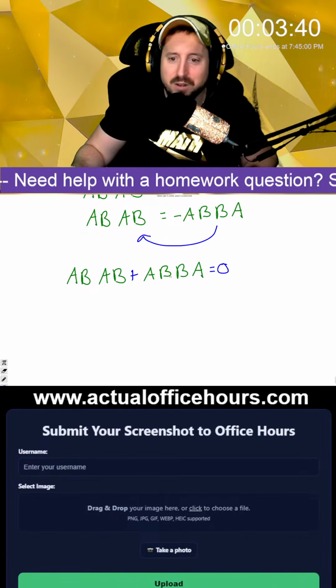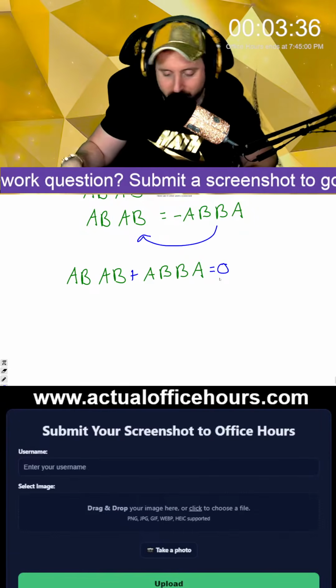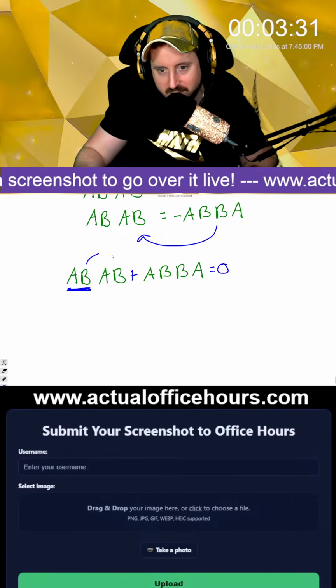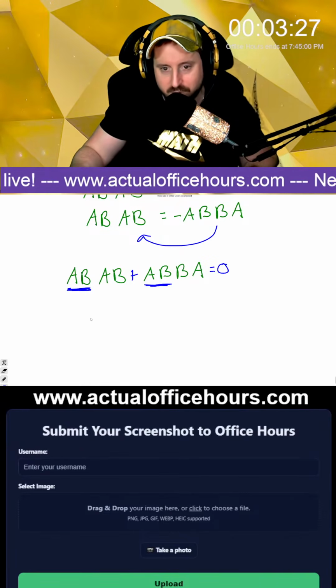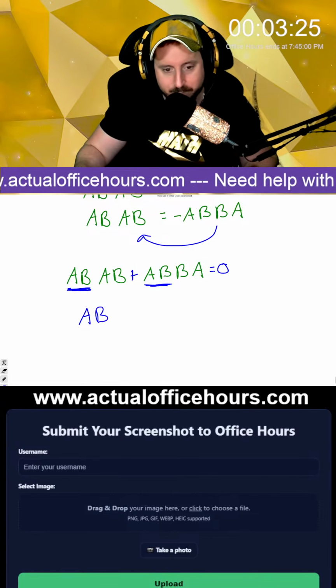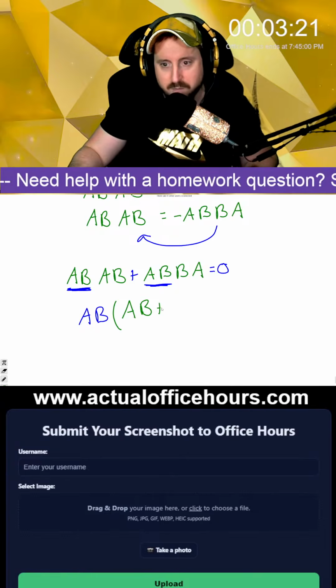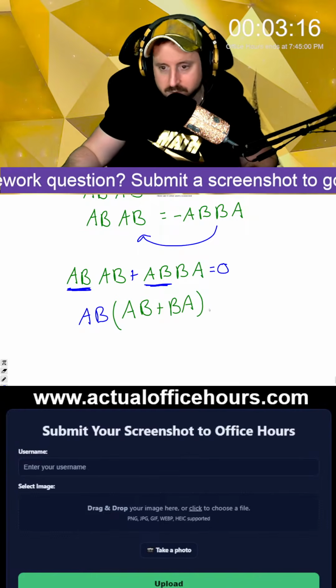But Narosky brings up a good point here. You can use the distributive property, because this is the same thing as AB times AB, and this is AB times BA. So let's factor both of these things out. So AB times AB plus BA is equal to 0.